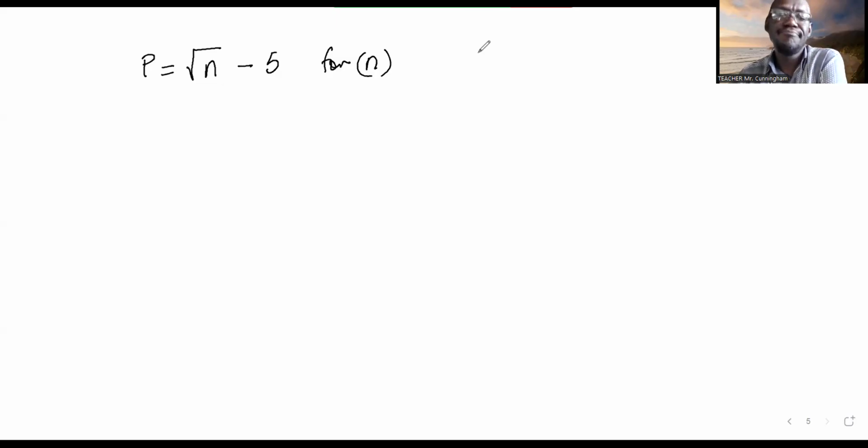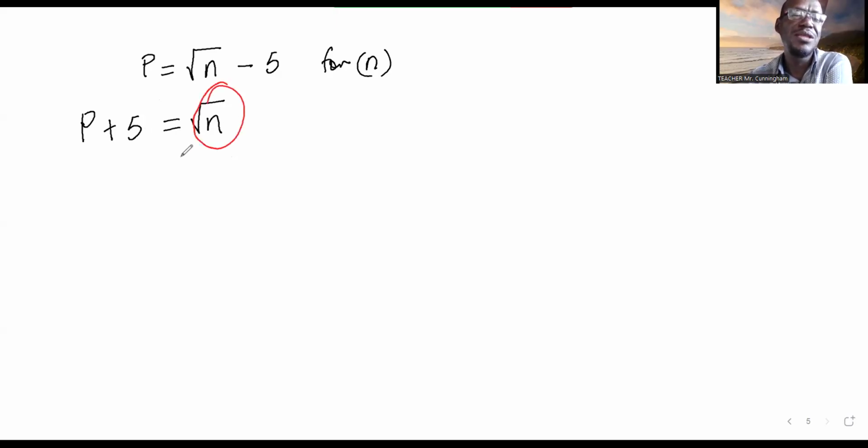Josiah, you're looking all right, but you made a mistake. So watch out for this, everybody. P plus 5 is equal to the square root of n. Now, when I remove the square root here by squaring, it becomes n, people.